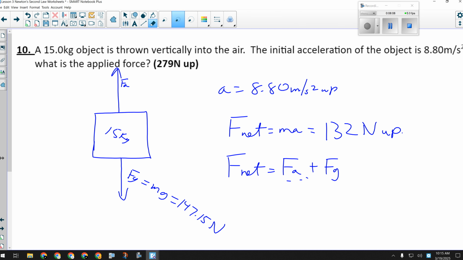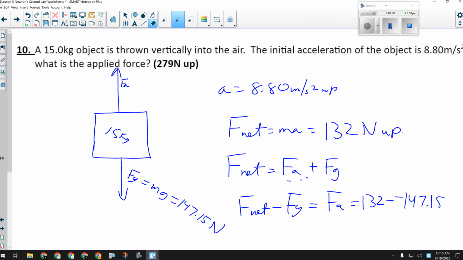Okay. So I'm going to subtract the force of gravity over here. So I'm going to have F net minus the force of gravity equals the applied force. This is where the vector sum part comes in. I'm going to have F net, which is 132 up, minus negative 147.15. It's down. That's the vector sum part.